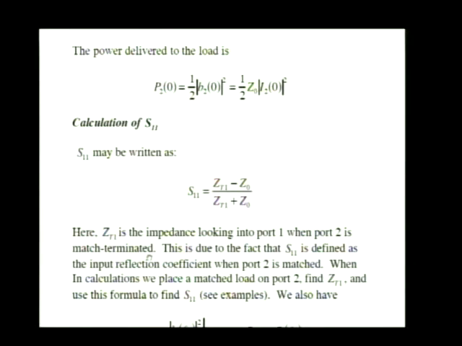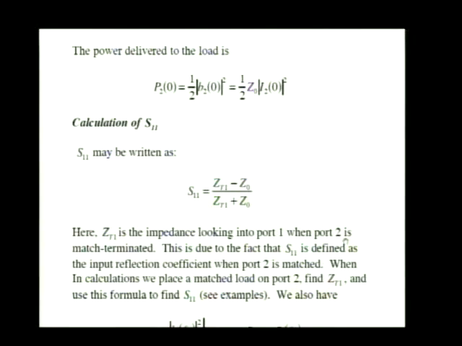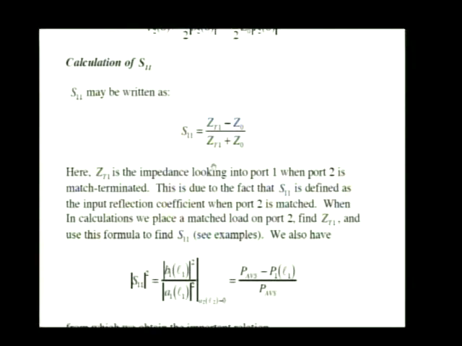So if the two-port consists of a simple circuit, let's say a couple of resistors connected in series and parallel and so on, then put one more resistor on that circuit. Put a resistor of Z0 on port 2 and calculate the input impedance. Call that input impedance, looking into port 1, when you have that extra resistor of Z0 on port 2, ZT1. Then do this simple calculation in terms of that input impedance, and you get the numerical value of S11. I'll do an example of such a calculation in just a moment.